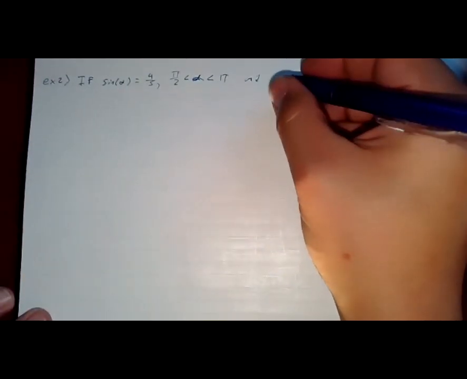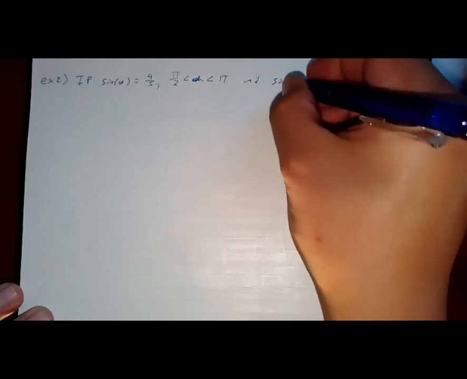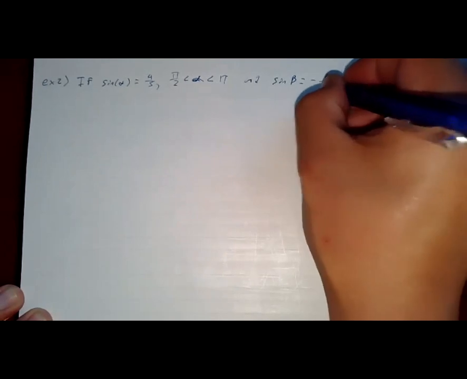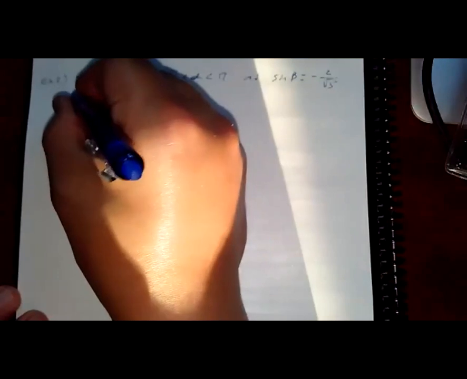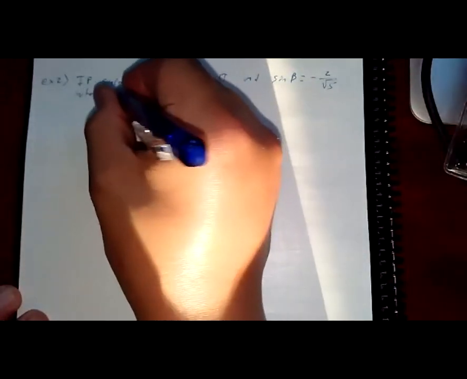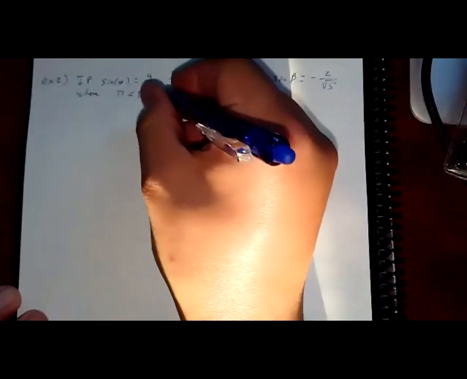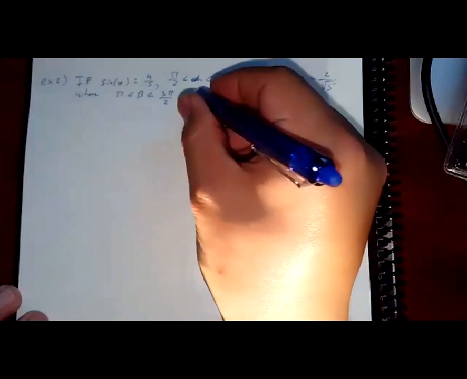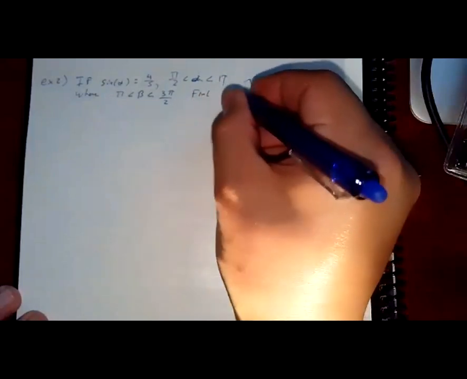And sine beta is equal to -2 over root 5, where beta is between pi and 3 pi over 2. Find the following.